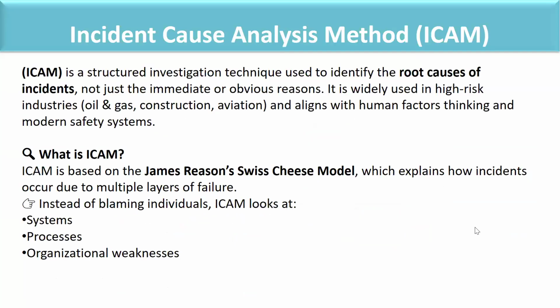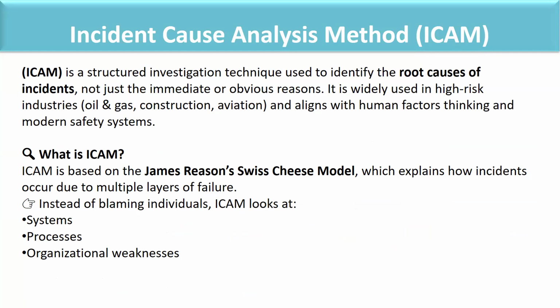Now, once we come here, incident cause analysis method, ICAM. What is ICAM? ICAM, incident cause analysis method, is a structured investigation technique used to identify the root causes of incidents, not just the immediate or obvious reasons.